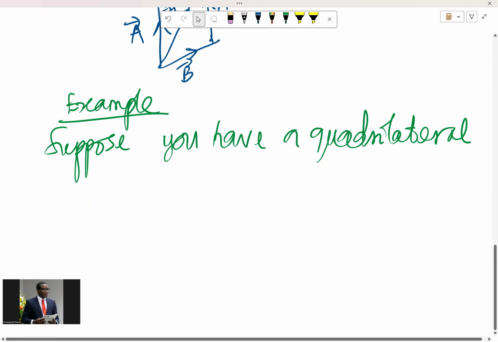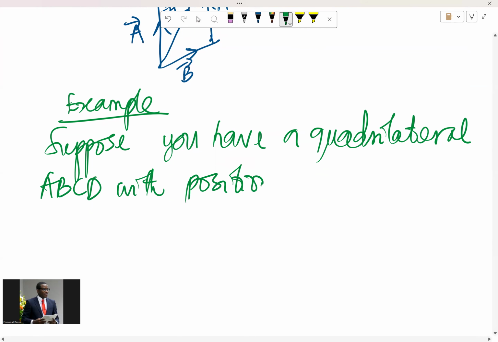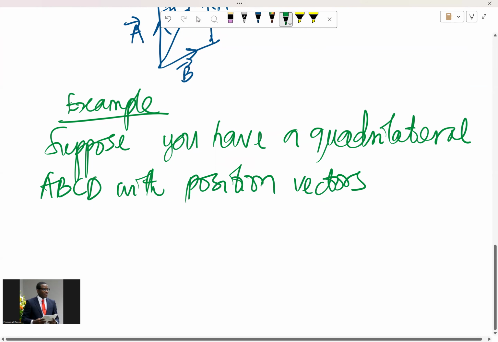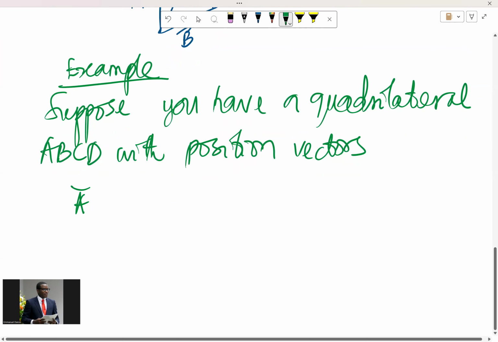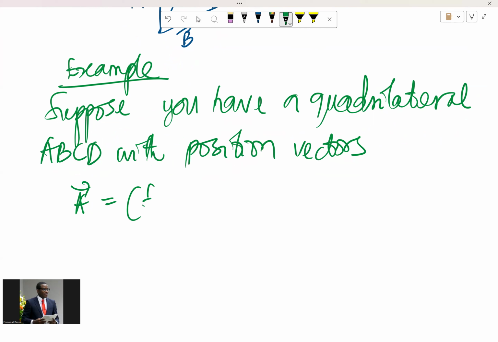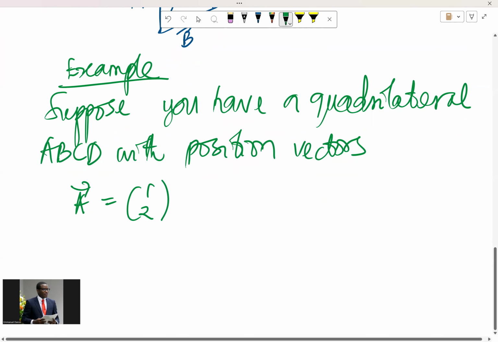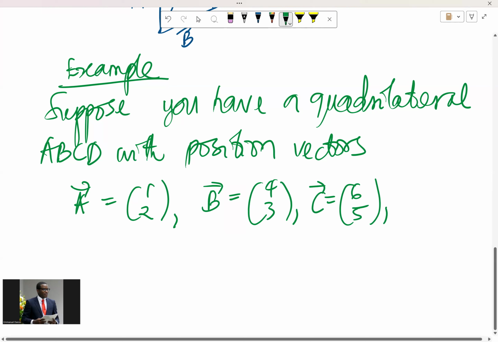Suppose you have a quadrilateral ABCD with position vectors A, that is (1, 2) in the i and j directions, so these are two-dimensional. You have B, which is (4, 3). You have C, which is (6, 5). And you have D, which is (3, 4), like that.